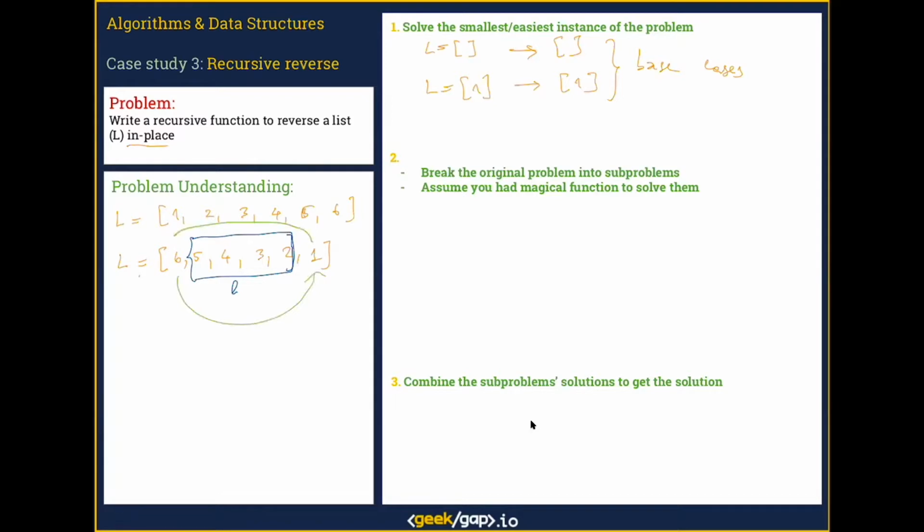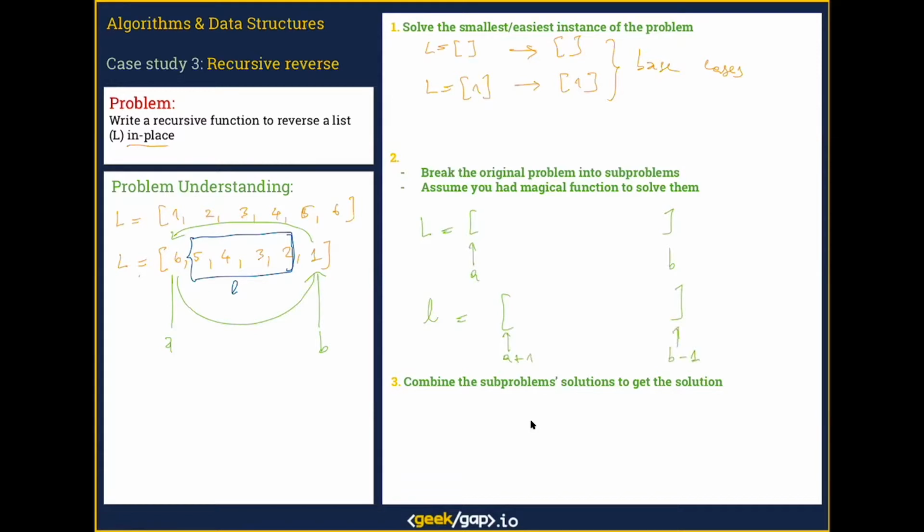So let's call these boundaries: this boundary here A and this boundary here B. If our list starts at boundary A and goes till B, the sub-problem could be a problem L such that L starts at boundary A plus 1 and ends at boundary B minus 1.